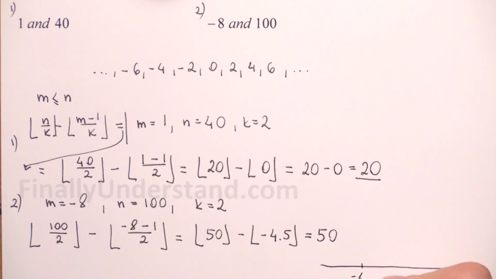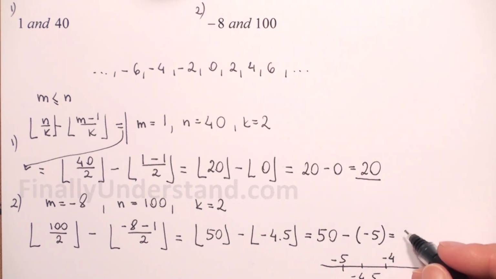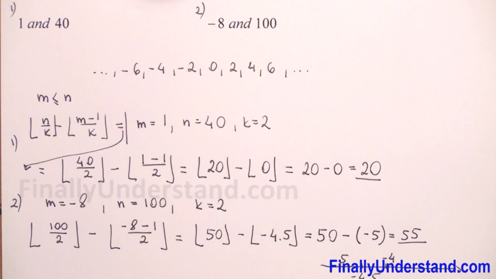We have -4.5. This number is between the integers -5 and -4. Now we have to choose the largest integer less than this number, so it will be -5. So we have minus, and in parentheses we put -5. Negative and negative is positive, so we have 50 plus 5, which is 55. This is the solution to the second example.